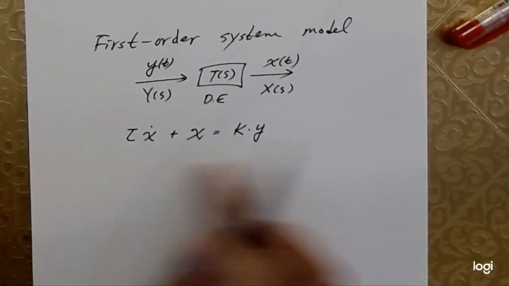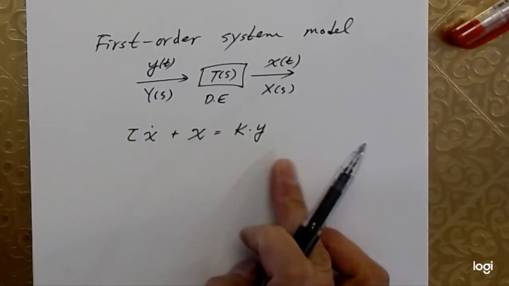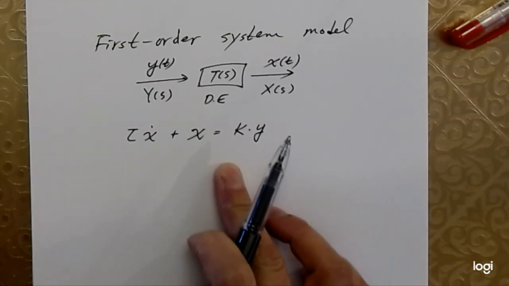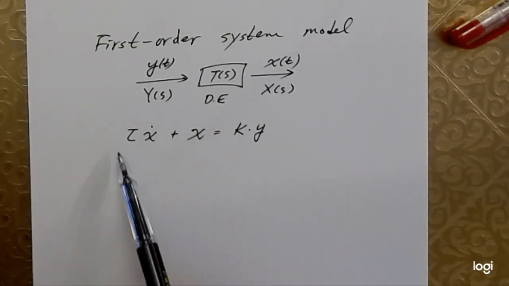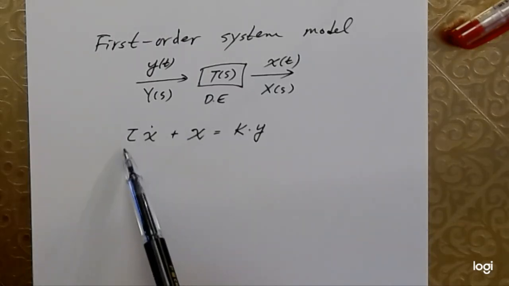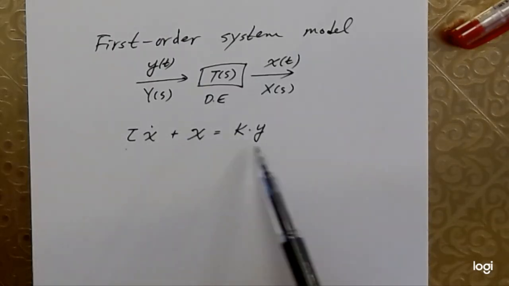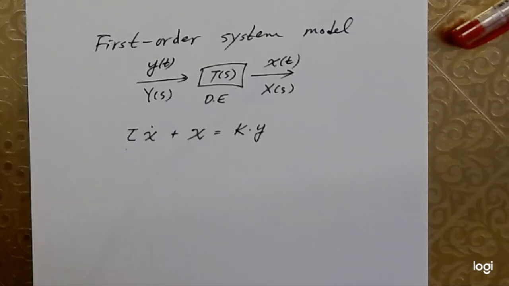So any kind of system, mechanical, electrical, fluid, thermal, if you can represent it in terms of this form, then the solution will be easy to obtain once we are able to characterize this kind of system.